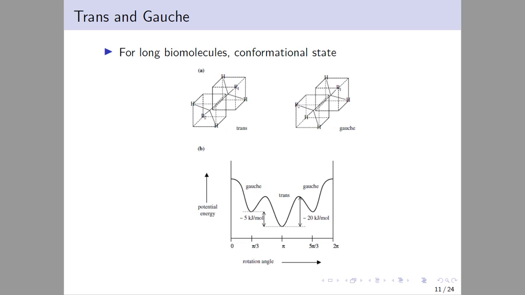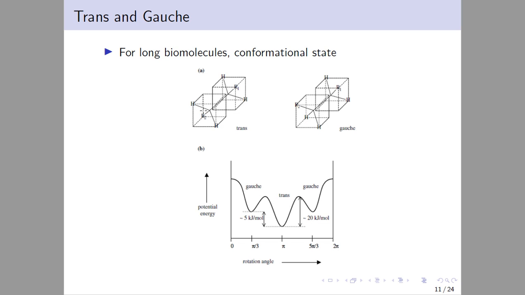And for a long biomolecule, we also have the conformation state. Here we can see the groups R1 and R2. When it's gauche, the group R2 position is at this point, compared to trans, where group R2 is at this point.